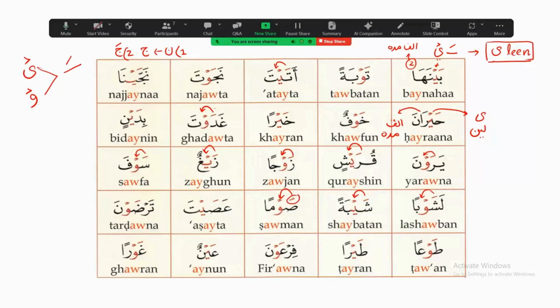The sound will be fatha starting with the fathas here, right? Shaw, because there is a fatha. So in all of these cases you will see a fatha before the sakin of either waw or ya.